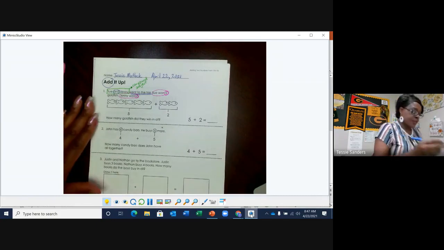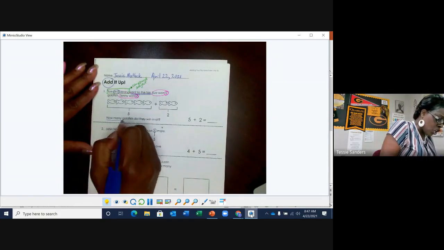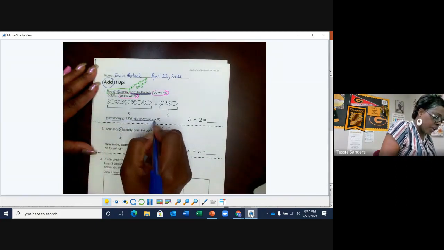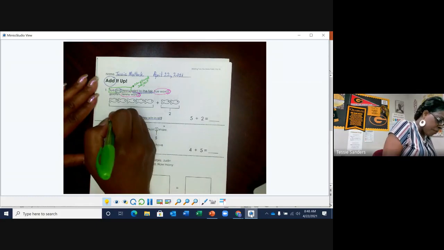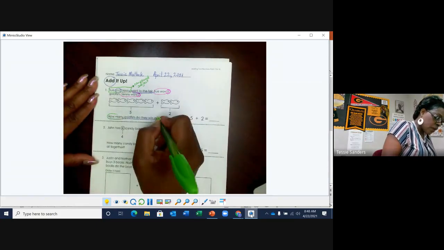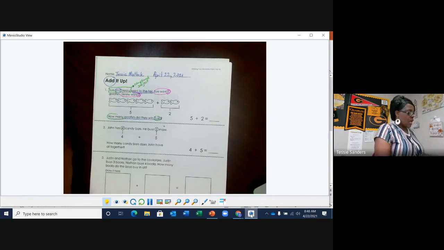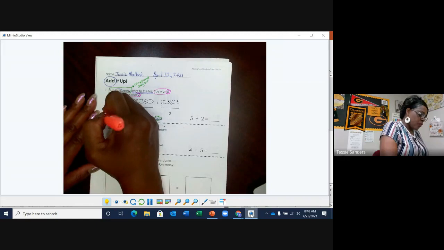Underline your question. How many goldfish did they win in all? Circle how many in all. How many tells us that we are going to add.